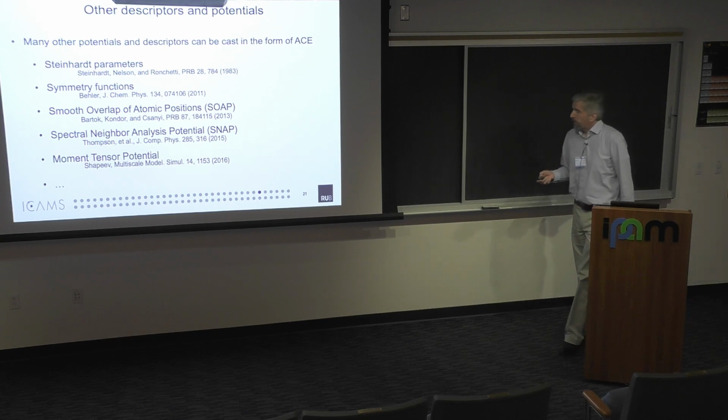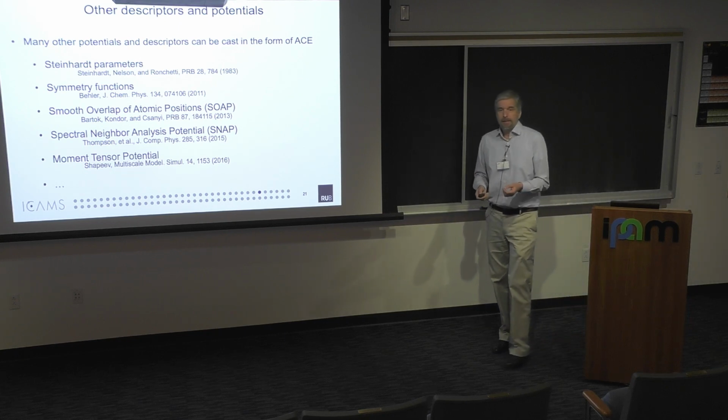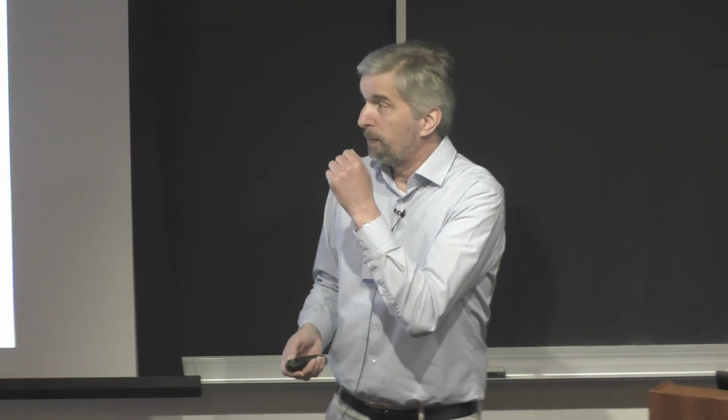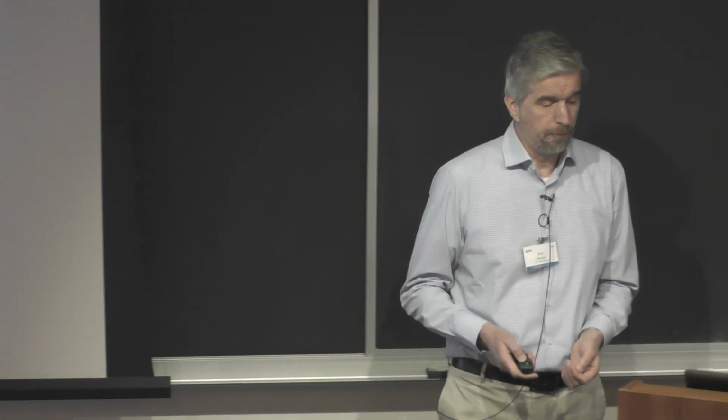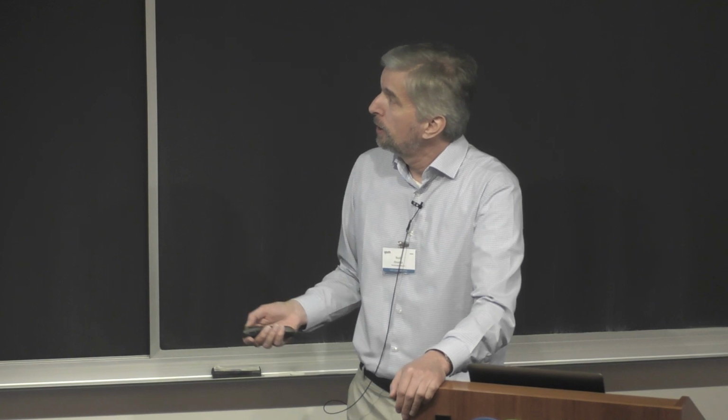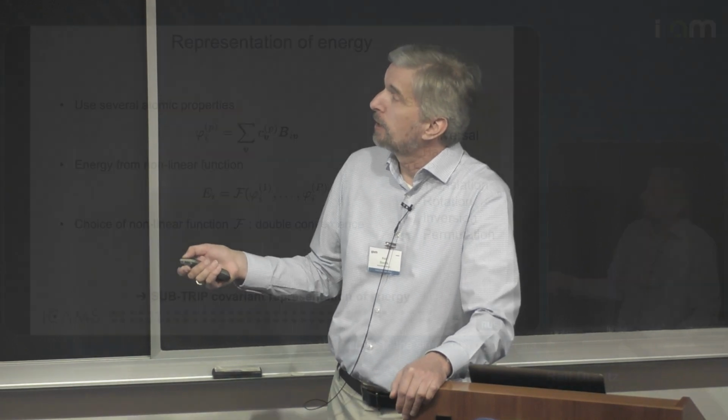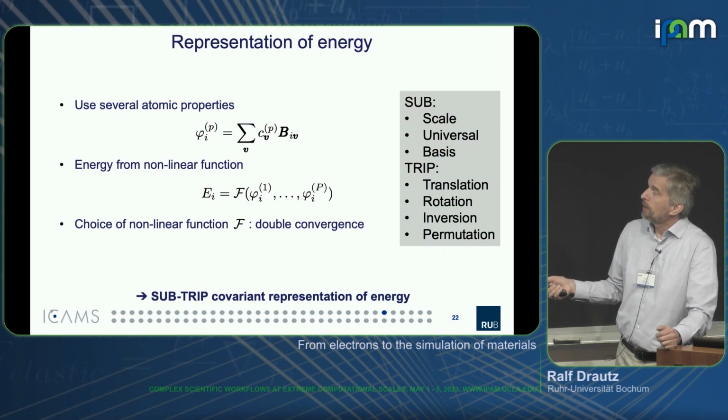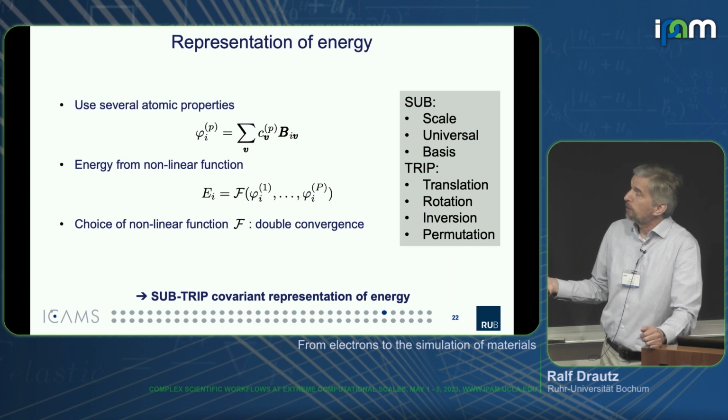So we're now at a stage where we have a complete basis that spans the space of atomic environments, and we can take linear combinations of this basis expansion. So we can take it like this. But we don't have to do only one of these expansions; for every atom we could take several of them.